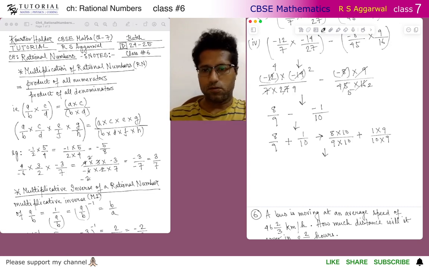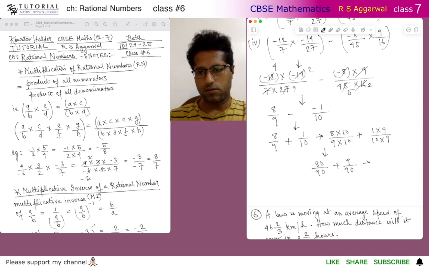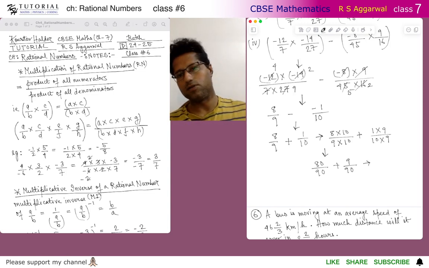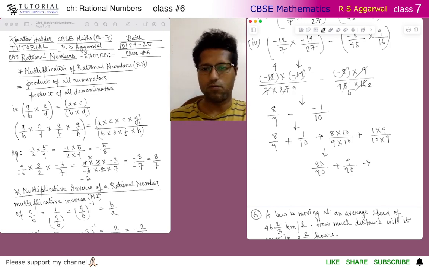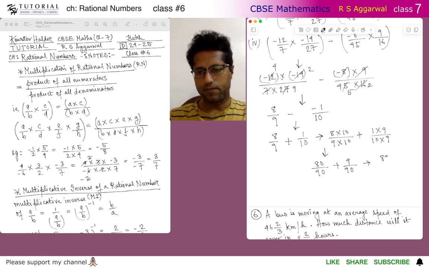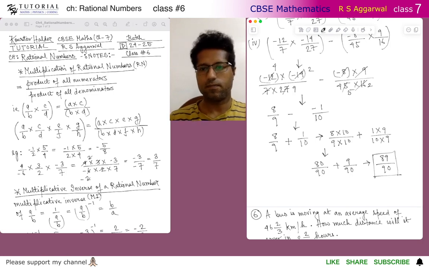Okay. So this is 80 by 90 plus 9 by 90. Now when doing addition of two rational numbers with same denominator, we just add the numerators and divide that by the same denominator. So this is 89 by 90. So this is the answer.